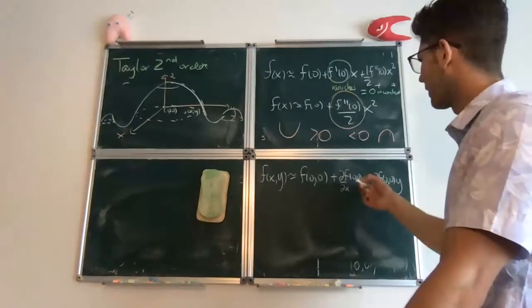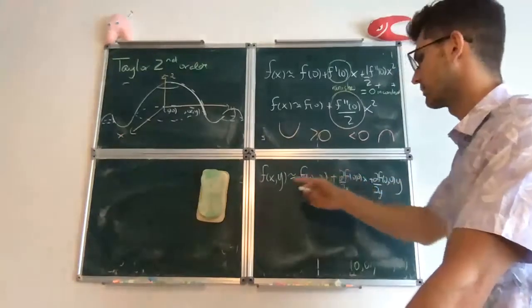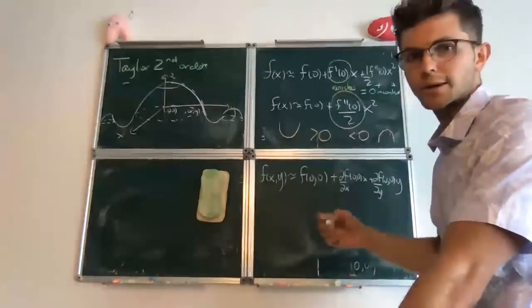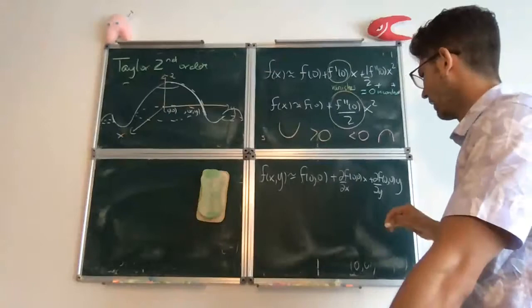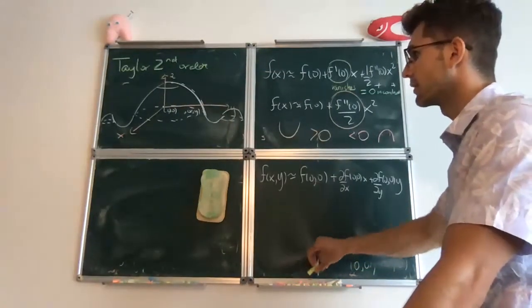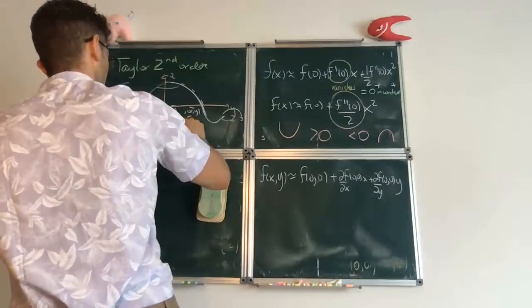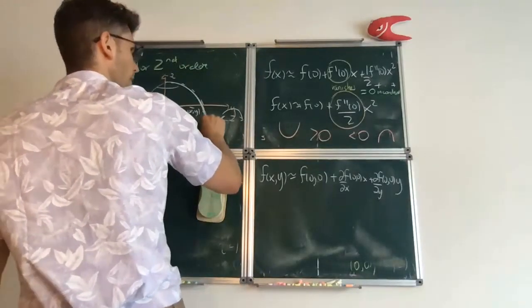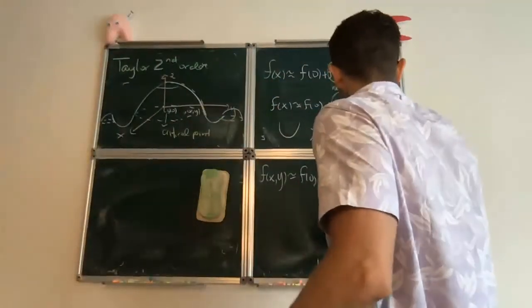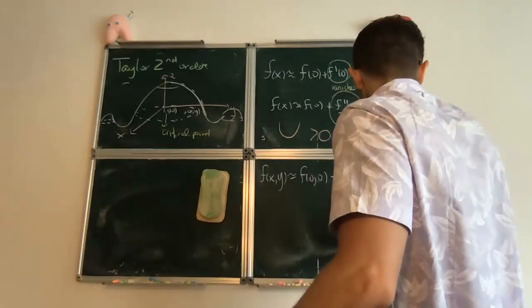The thing is, like before, I would write x minus x naught, or y minus y naught, because I was not taking x naught, y naught to be 0, 0. But the idea is that both of these terms, if the origin is a critical point, that just means that each of these two partial derivatives vanish individually.